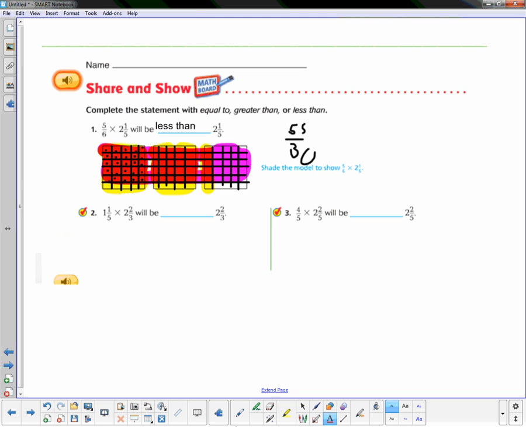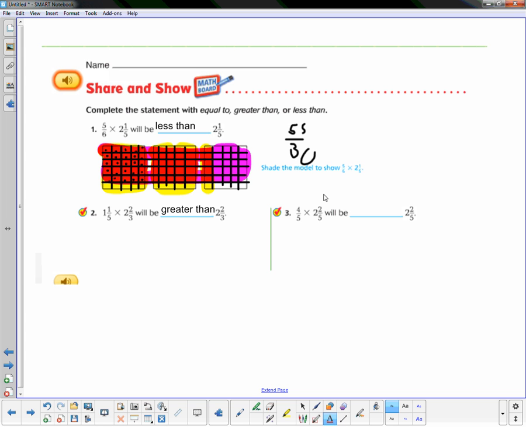So it's going to be greater than 2 2/3. So whenever I times two mixed numbers, my answer will be bigger than both the numbers. When I multiply a mixed number by a fraction, it'll be less than the original number.